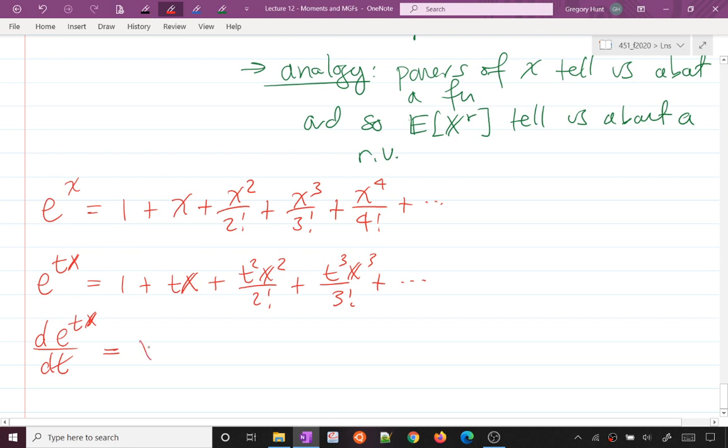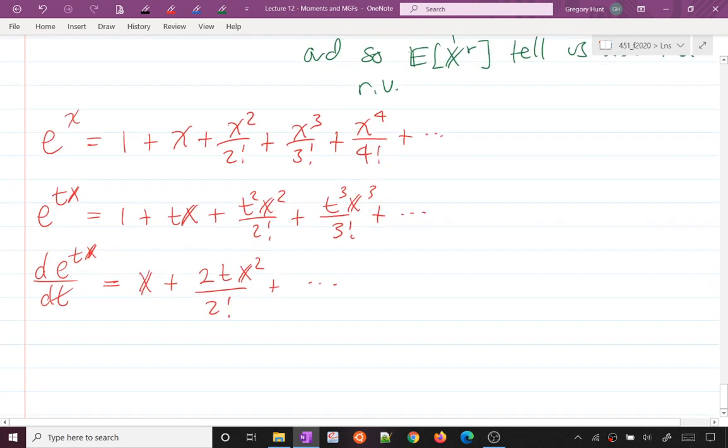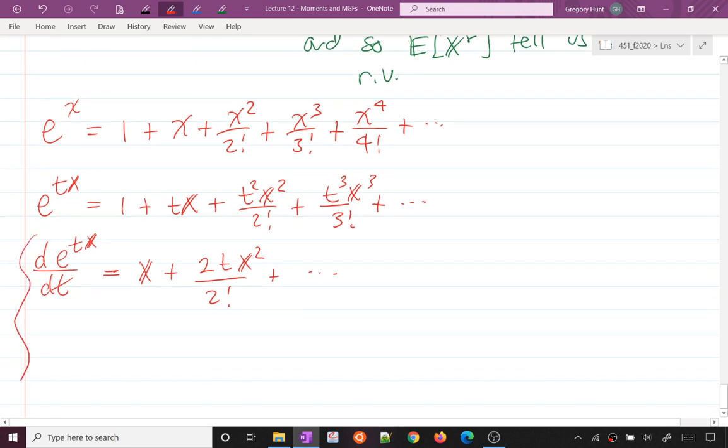Taking the derivative with respect to t, I'll just get an x out front, and I'll get 2t x squared over 2 factorial plus etc. If I were to look at, say, the second derivative, I would take another derivative. My x goes away, my 2's cancel, and this t goes away. I would get x squared plus dot, dot, dot. So the first derivative tells me about x and then some stuff. The second derivative, x squared and some stuff.